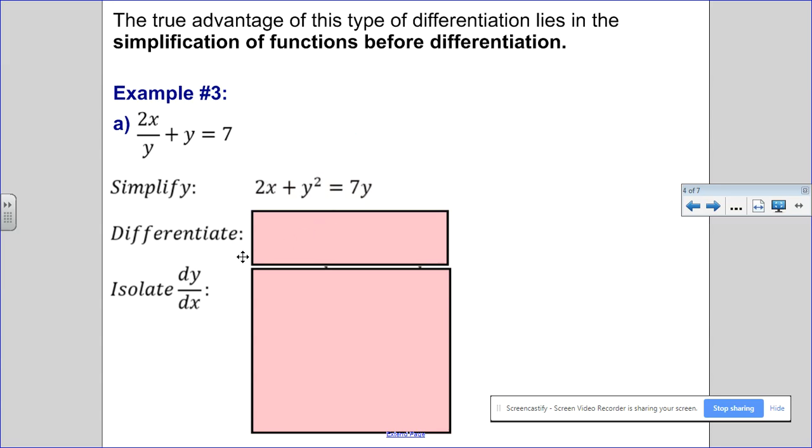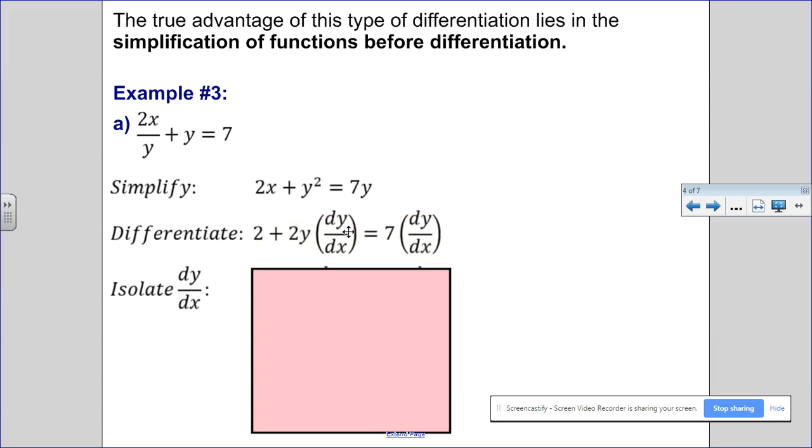So we have 2x plus y squared equals 7y. And we're going to take the derivative. So we have 2 plus 2y times dy over dx equals 7 times dy over dx, since we took the derivative of 7y, leaving us with just 7 dy over dx.